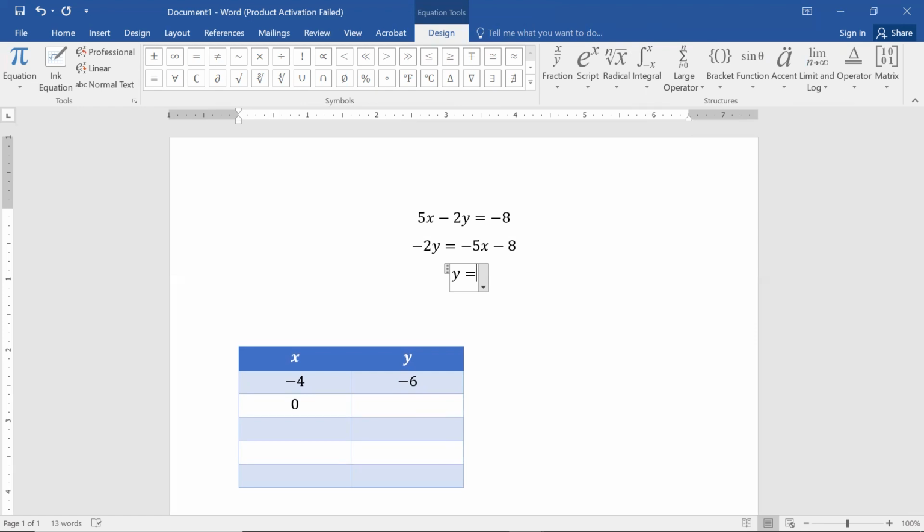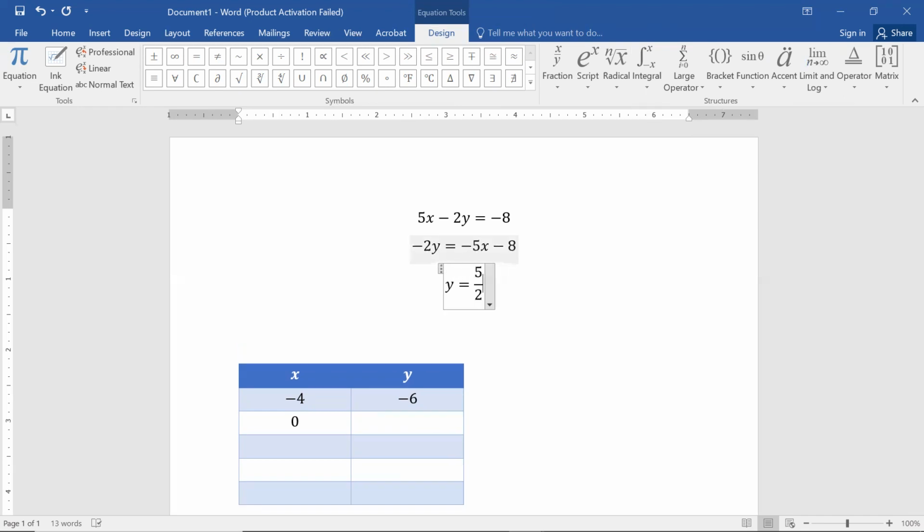If I divide the left-hand side by -2, I just get y. And if I divide the right-hand side by -2, -5 divided by -2 is 5/2, so I get 5/2 x. And if I divide the -8 by -2, I end up with a +4.